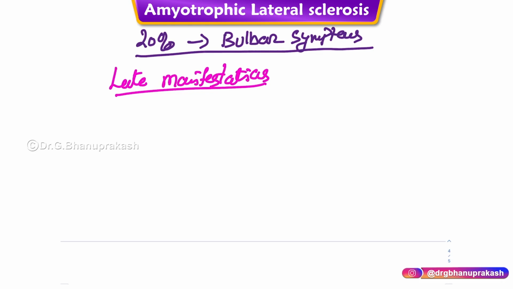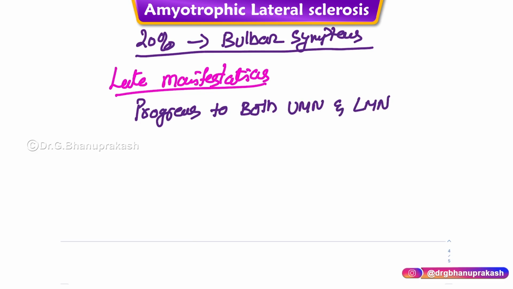Whether it initially starts with bulbar palsy or with the cervical, thoracic or lumbosacral areas, the disease will progress to both upper motor neuron and lower motor neuron manifestations.